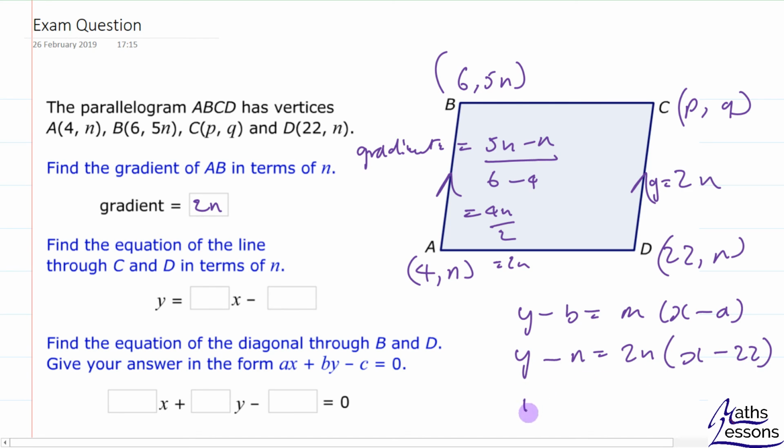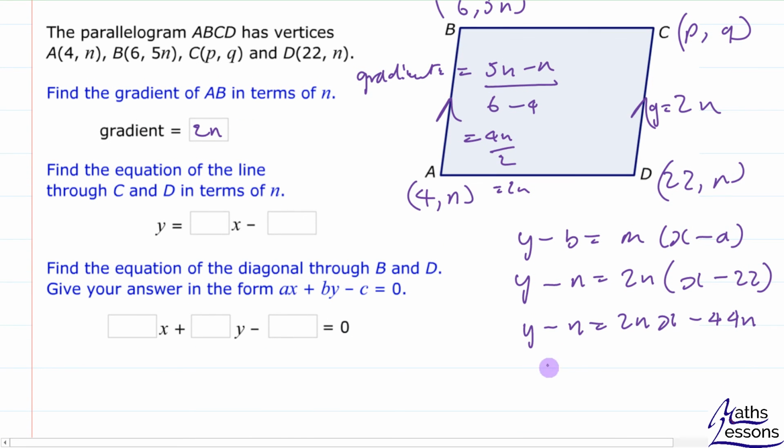So therefore we get y minus n equals 2nx, times that out, 2 times n times x, then 2n times minus 22 is minus 44n. And then we get y, add on the n, we get 2n.